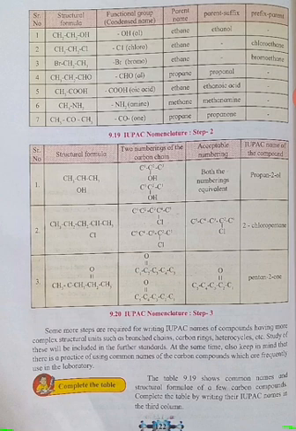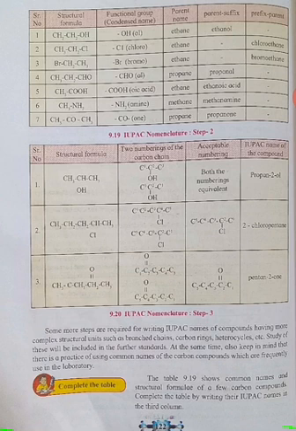So remember, in this table we learn the IUPAC names of the compounds. In the first example we write propan-2-ol. In the second example we write 2-chloropentane. In the third example we write pentan-2-one.